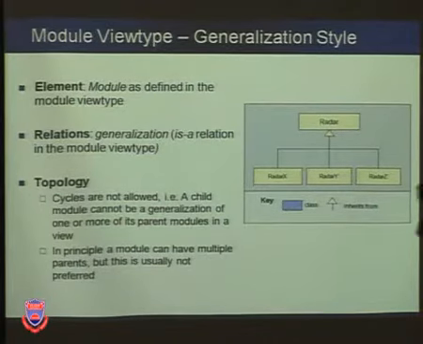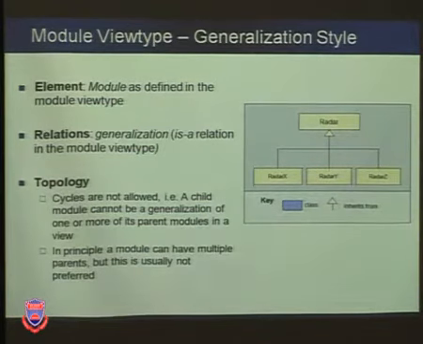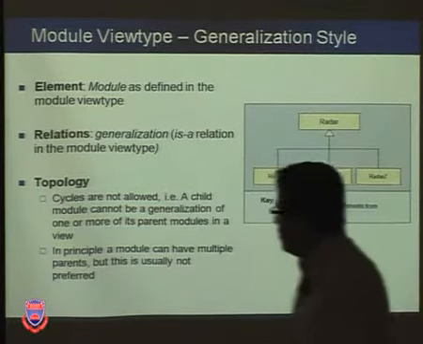And we come to the third style, the generalization style. Here the module is as defined in the module view type. Again, the relation is the generalization relation, a relation of the module view type. You select just one relation.